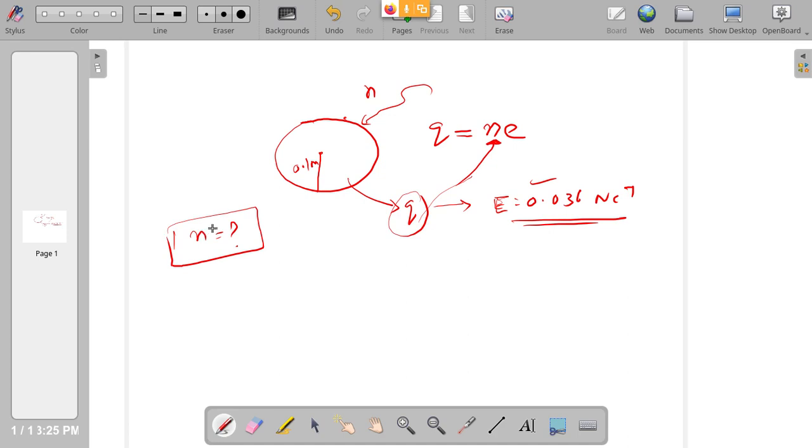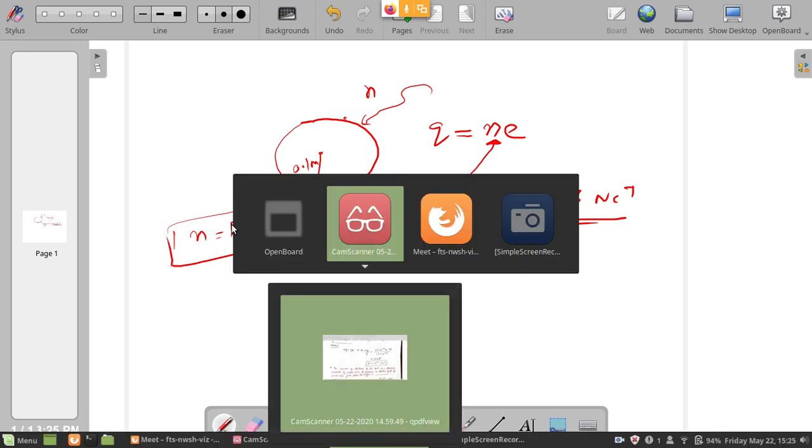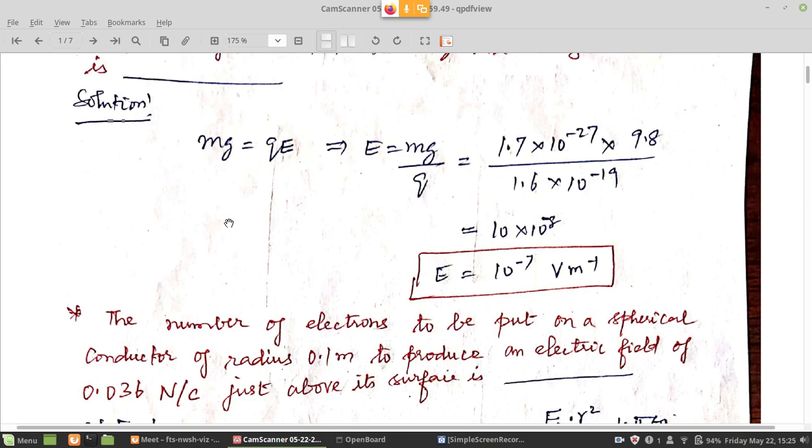How will you approach? Yes, Q is equal to N times e. How will you get Q? Force means we need another charge, but all of this we can get directly from the field, right? Electric field is given there already, so you can get it from that.